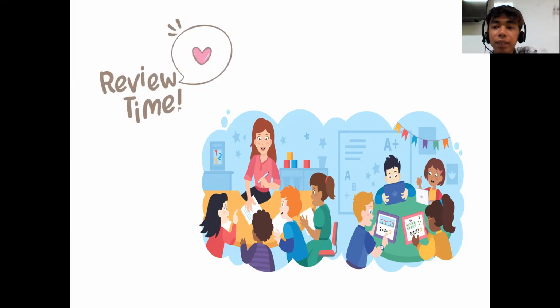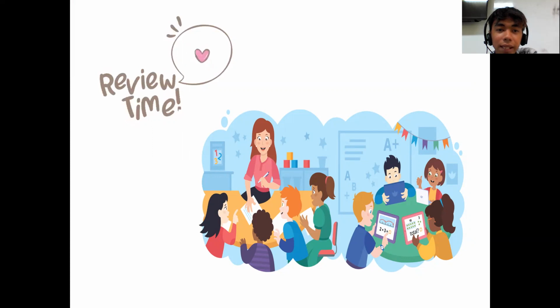If it is more than 1 point, it is not a function. But if it touches only 1 point anywhere on the graph, then it is a function. Okay, so that is our review.